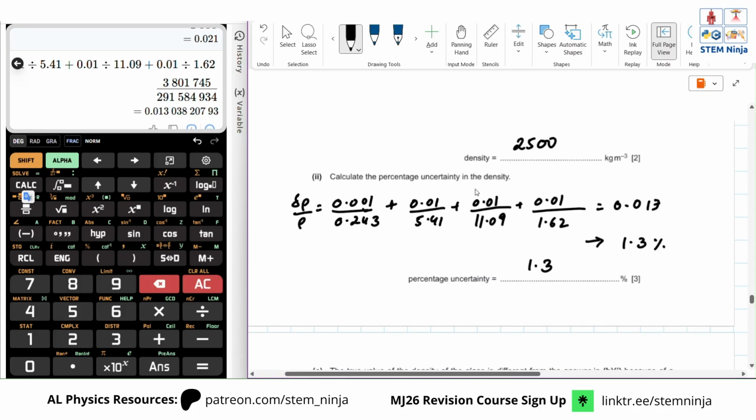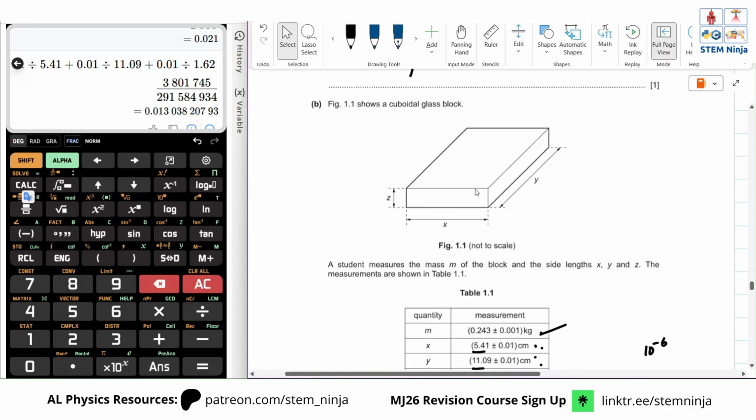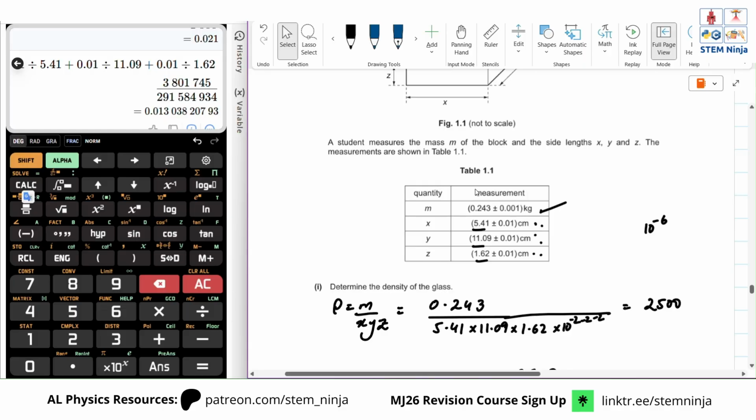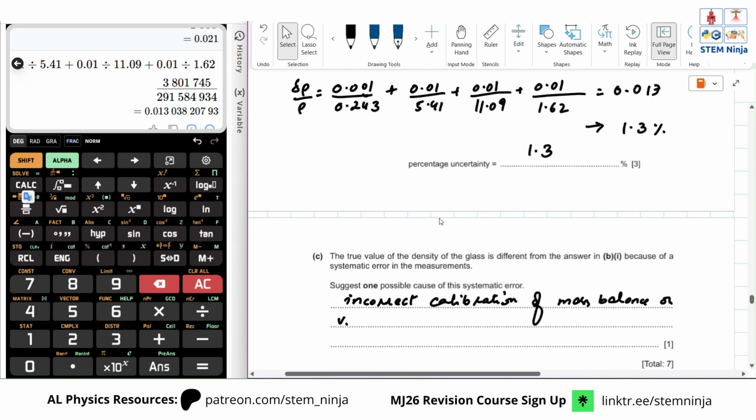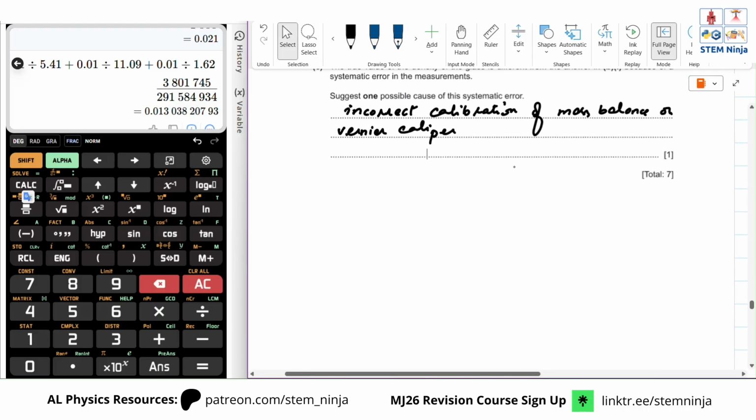We don't actually know which measuring instrument they use, but since they use this one, this would be inappropriate for calipers. Even a micrometer screw gauge would be fine, whereas vernier calipers would actually make more sense.